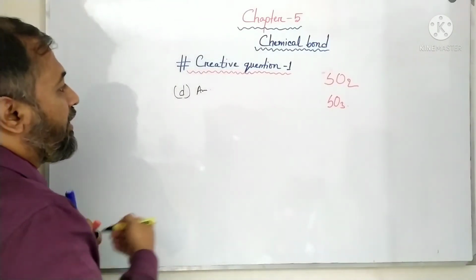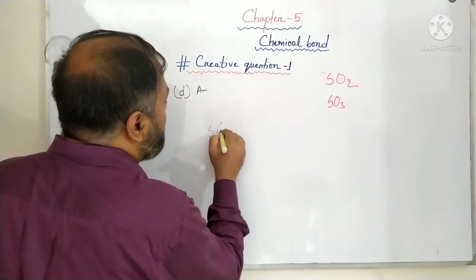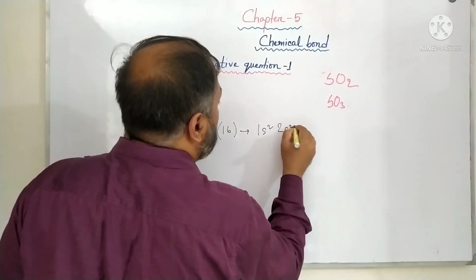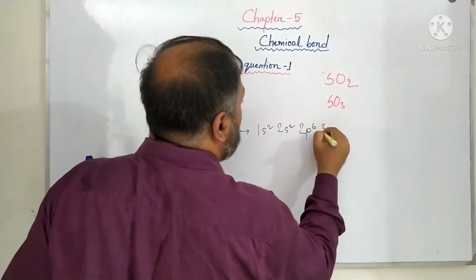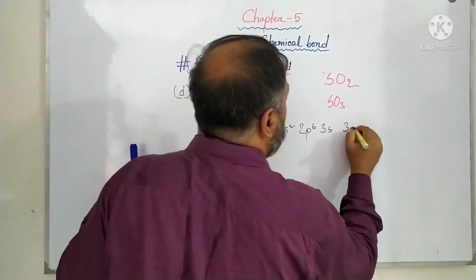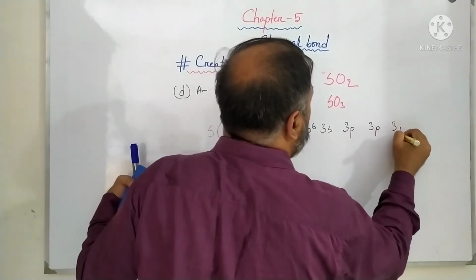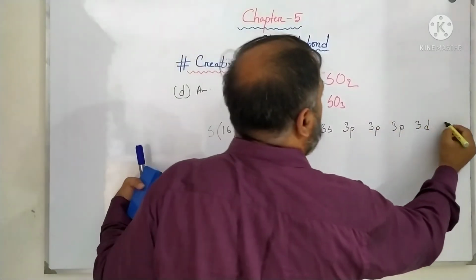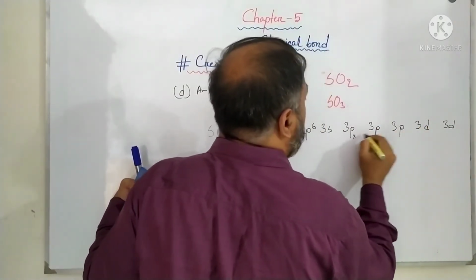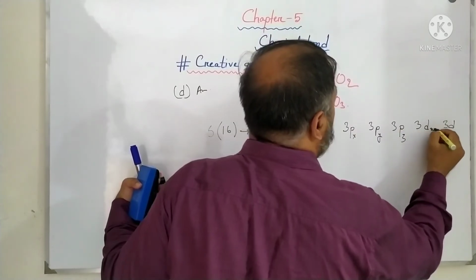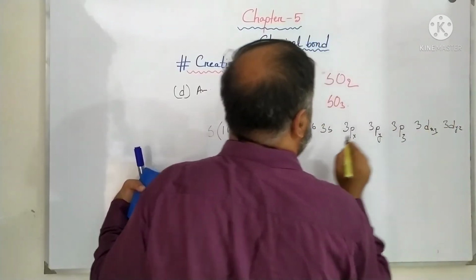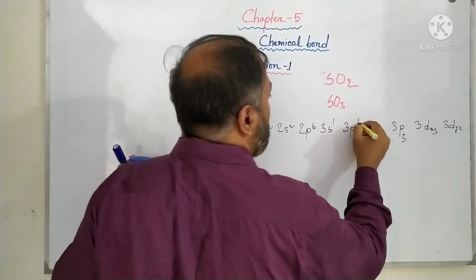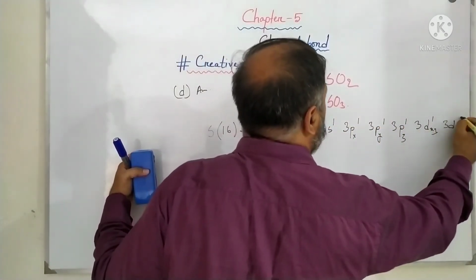If we see the electronic configuration of sulfur, we will find 1s2, 2s2, 2p6, 3s, 3p, 3p, 3p, 3d and 3d. This is x, y, z, xy, yz. So the unpaired electrons, the bond pair electrons, are 1, 2, 3, 4, 5, 6.